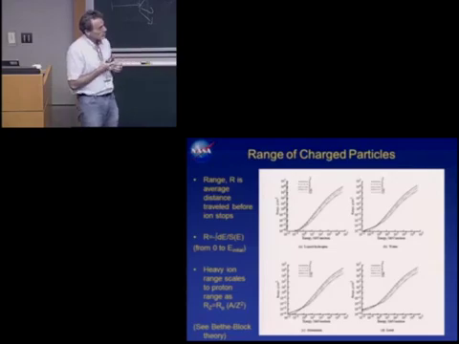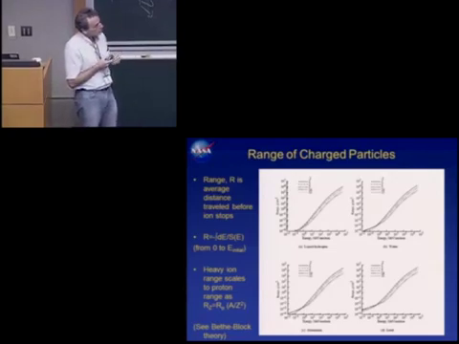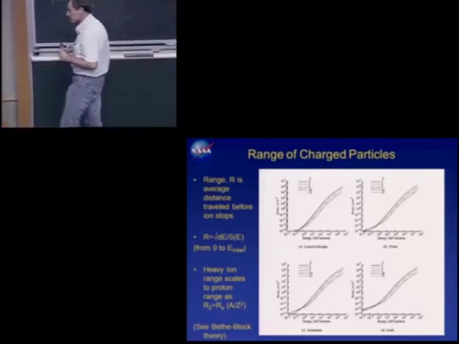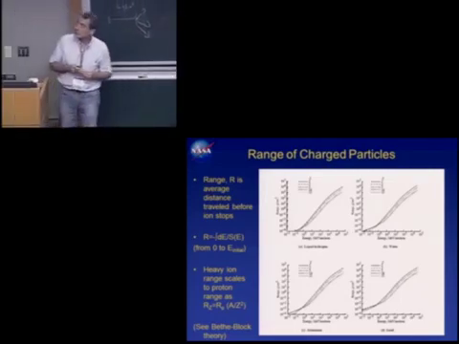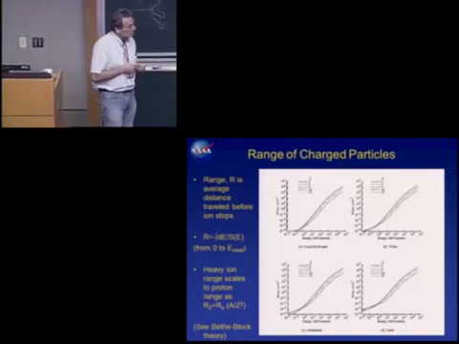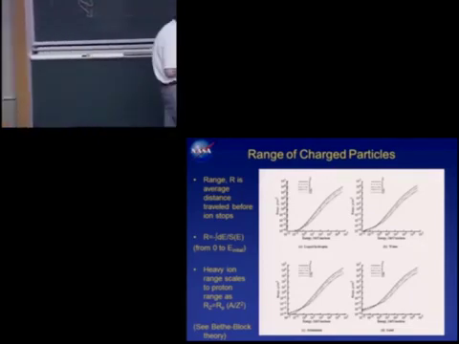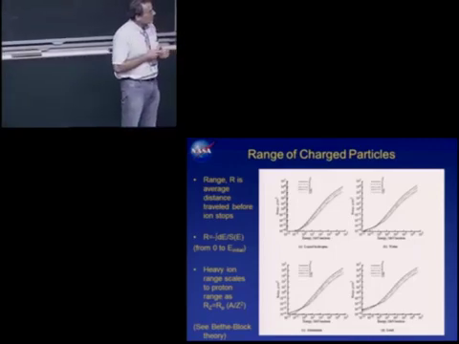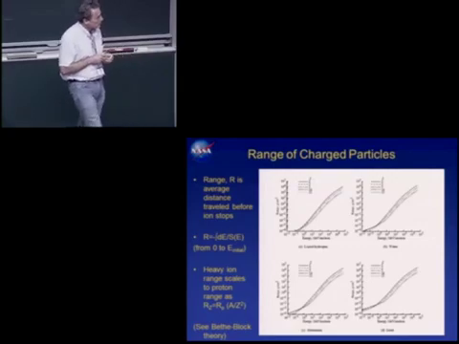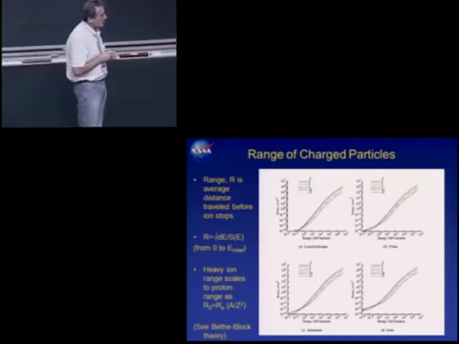This curve shows you, for different charged particles, 1 through 26, through iron, what the range is for different materials: hydrogen, water, aluminum and lead. So you can see how that range is changing for different particles, particle types and energies.